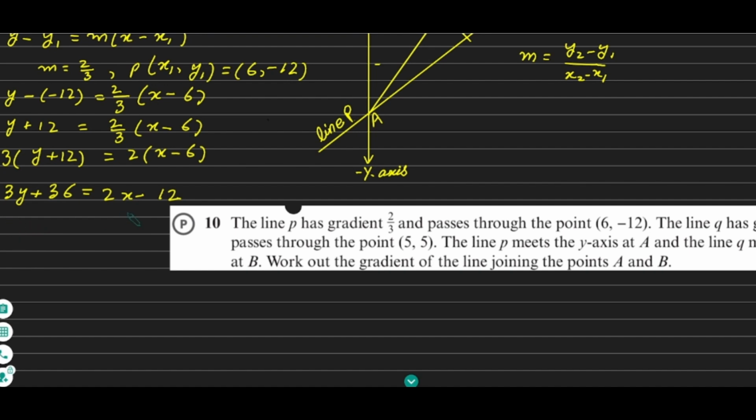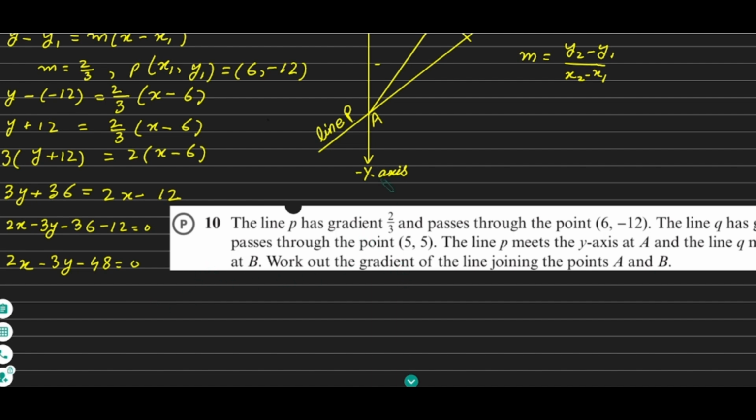We convert 3y plus 36 to the right side, so we write 2x minus 3y minus 36 minus 12 equal to 0. We get 2x minus 3y minus 48, which is the equation of line P.